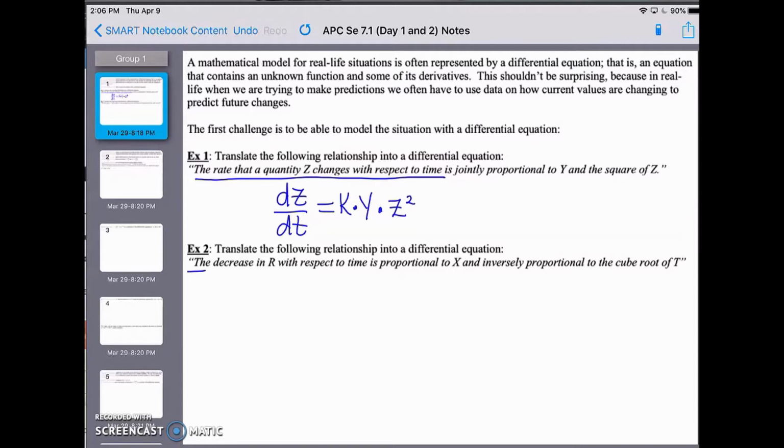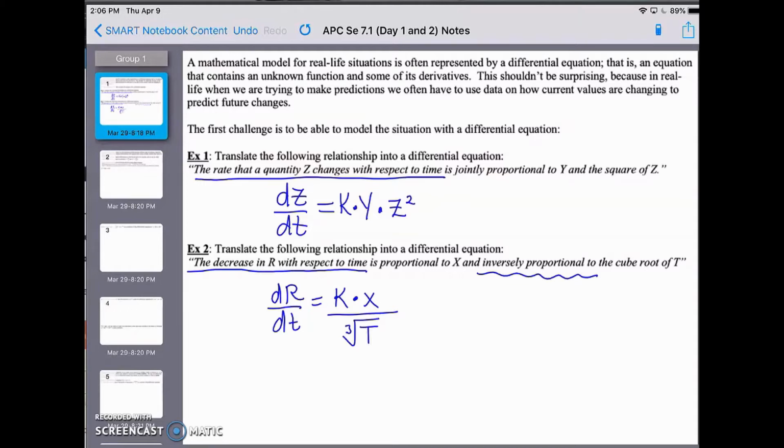It says the decrease in r with respect to time, so there's the differential part of our expression, dr dt, is, there's our equal sign, proportional to, so we know we need a k, proportional to x, so if it's proportional to, it is with the k in the numerator, and inversely proportional to, so this is going to go in the denominator, inversely proportional to the cube root of t. And there's my cube root of t. And that one's done as well.